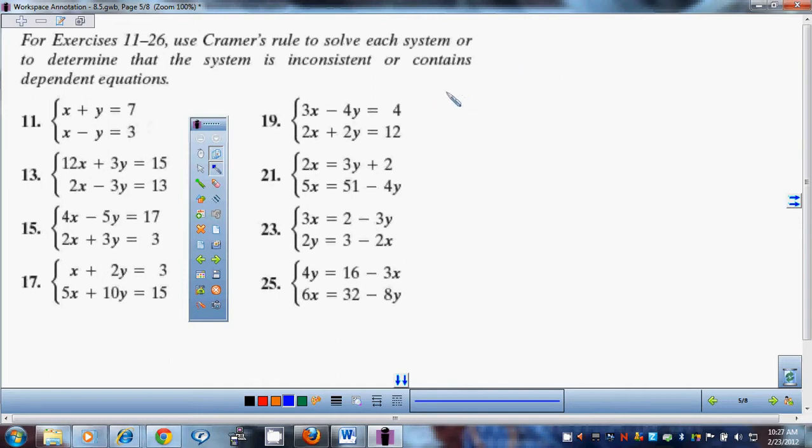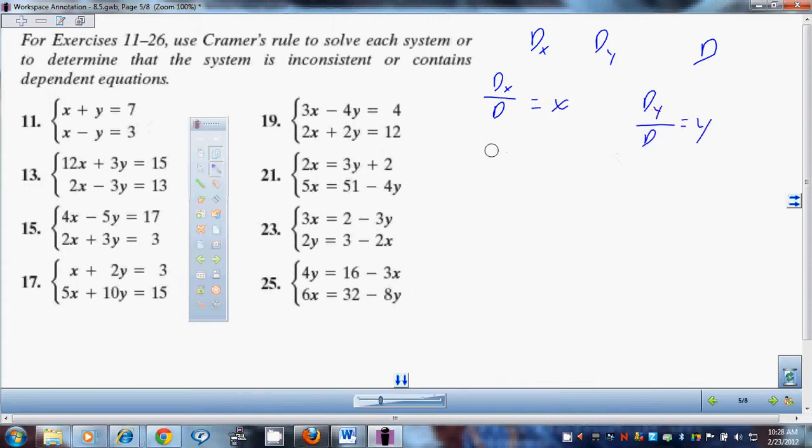It says, if you find the determinant of your matrix, we're going to call it D, and then you find 2 subdeterminants, which are the exact same thing, which I'll show you how to do in just a second, the solution will simply be Dx over D for your x solution, and Dy over D for your y solution, and you will have solved the system of equations.